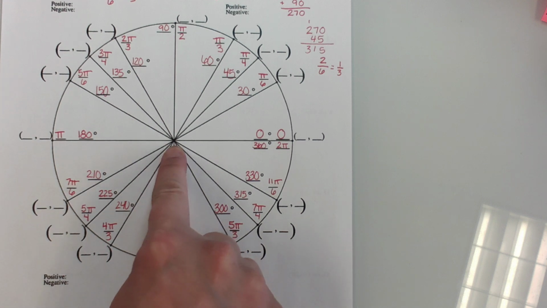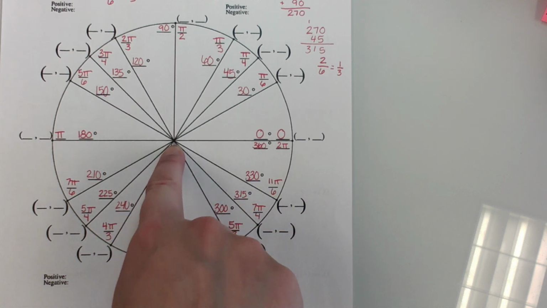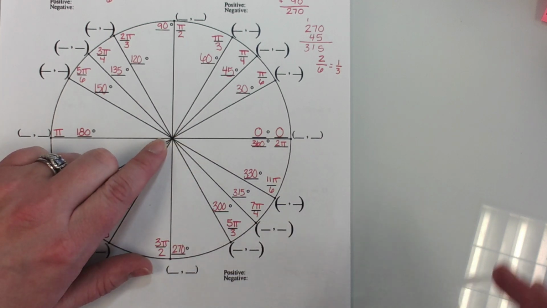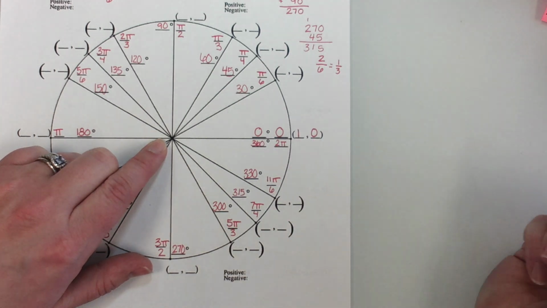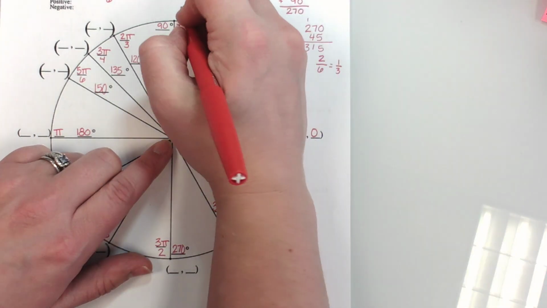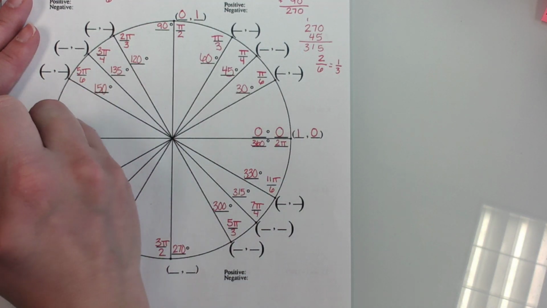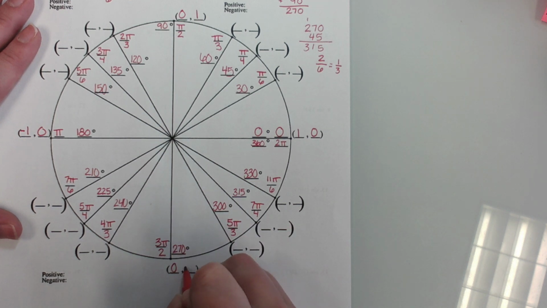You should also know what this coordinate point is. 0, 0. If that's 0, 0 and the radius is 1, this is the coordinate point 1, 0. If I go up 1 from 0, 0, it's 0, 1. If I go left 1 from 0, 0, it's -1, 0. And if I go down 1, it's 0, -1.